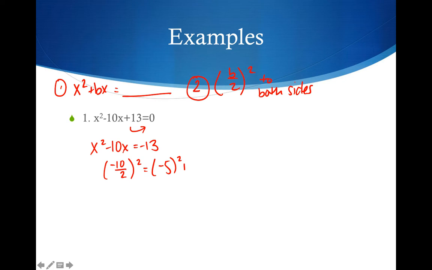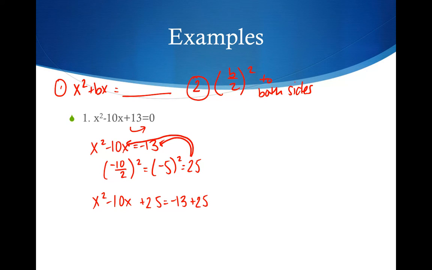Okay, 25 is going to go here and here. So this becomes x squared minus 10x plus 25 equals negative 13 plus 25. And you don't have to show this over here, but I do like to write it separately so that when you're looking back at the work, you can see that, yes, I did remember to add it to both sides.